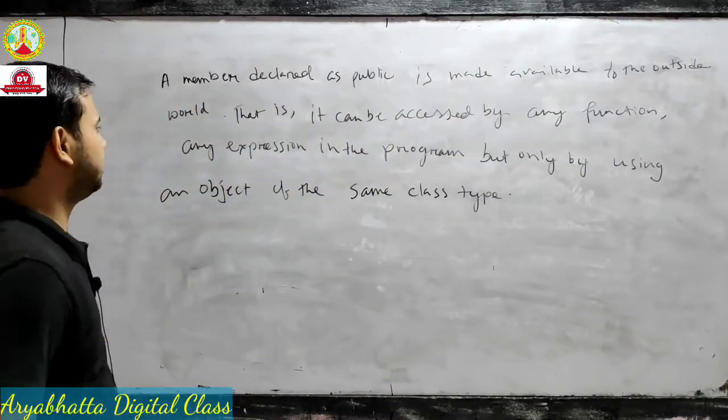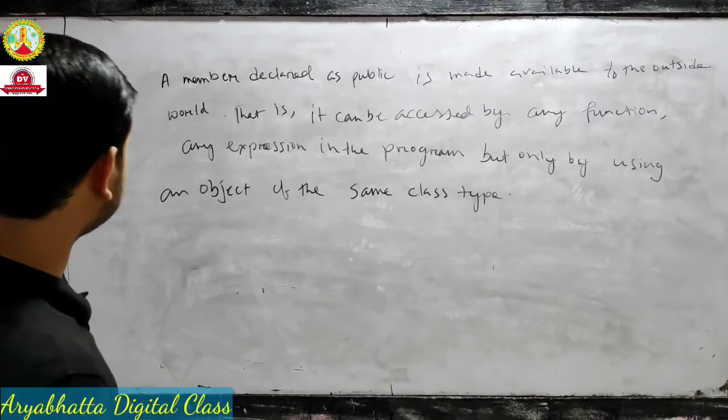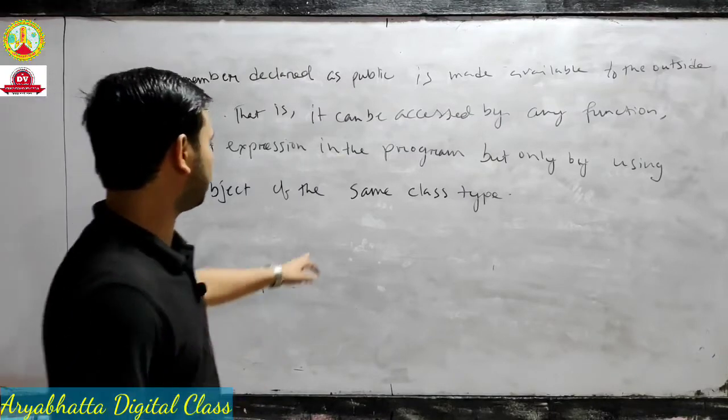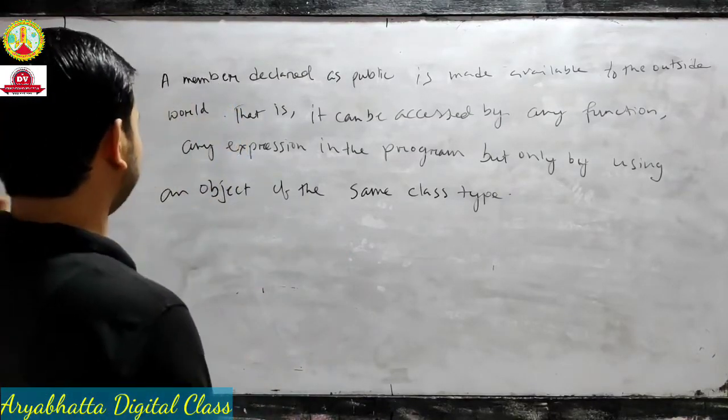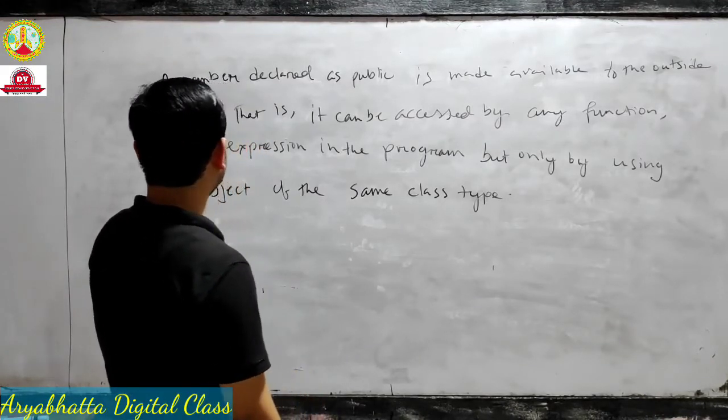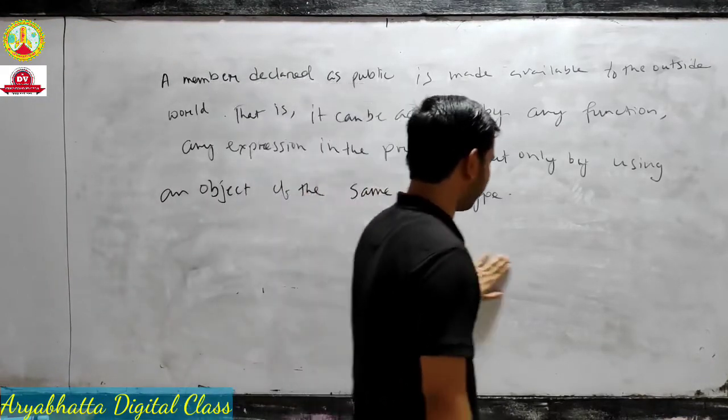This is the book definition: it can be accessed by any function, any expression in the program, but only by using an object of the same class type. But only by using an object of the same class type, meaning for the same class.